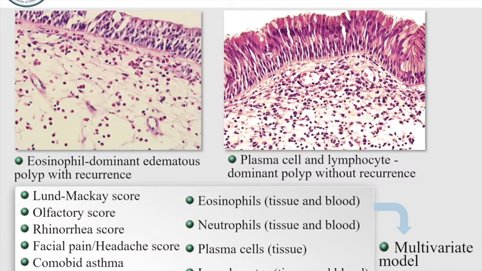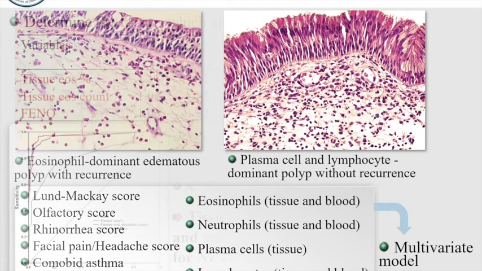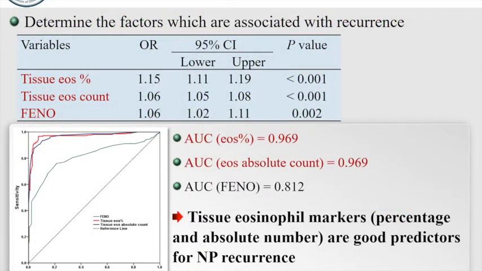We introduced these variables into a multivariate model using logistic regression analysis. The multivariate analysis revealed that two tissue eosinophil markers, both percentage and absolute count in the tissue, and phenol were significantly correlated with recurrence.